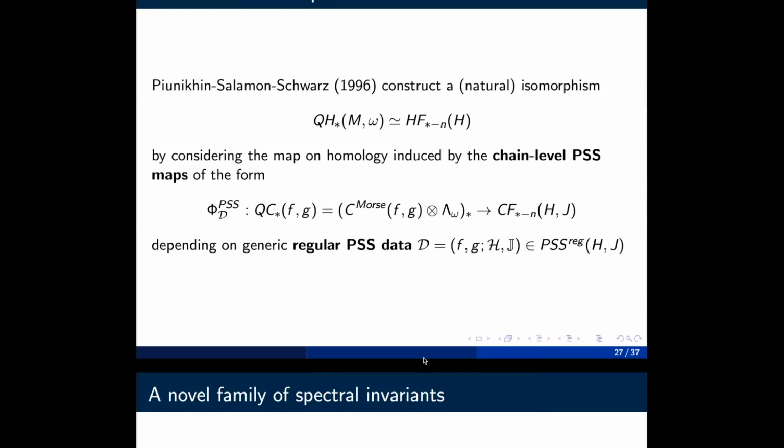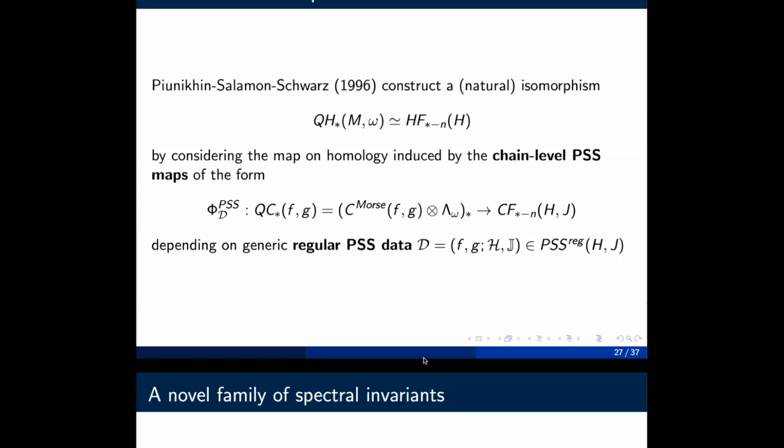Roughly speaking, you look at disks, you fix some Morse function, some Morse-Smale pair (F, G), and you should think of maybe the manifold M sitting over this, somehow C cross M. What you want to do is count certain disks that satisfy a perturbed Hamiltonian equation that's zero near the origin of the disk and agree with the usual Floer equation at the positive end.